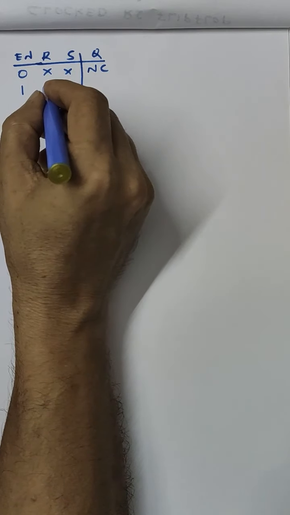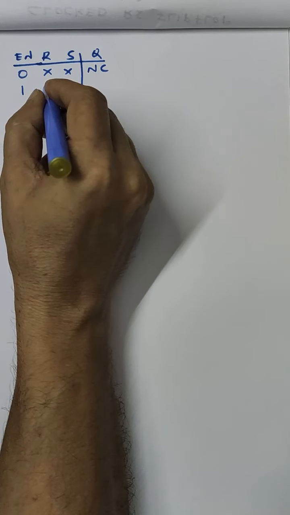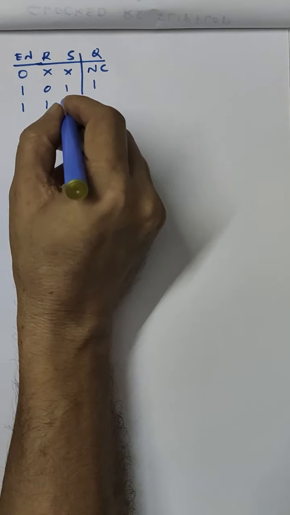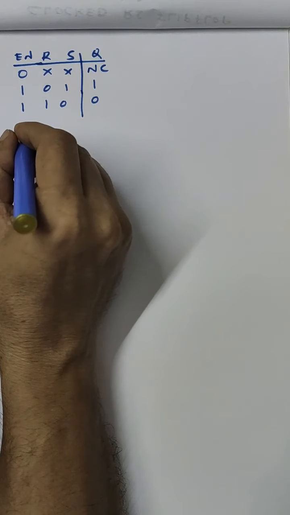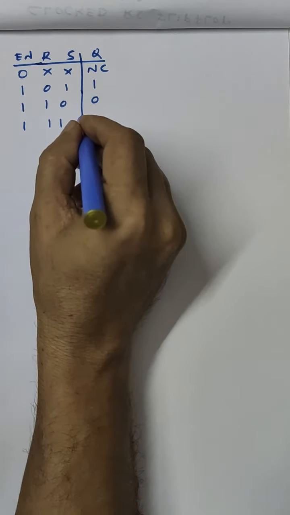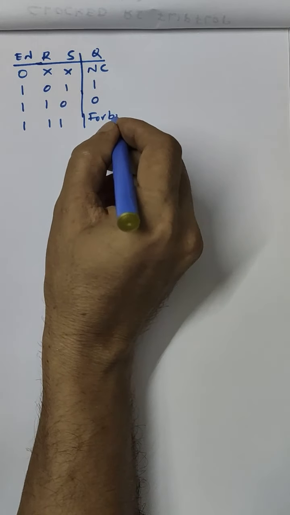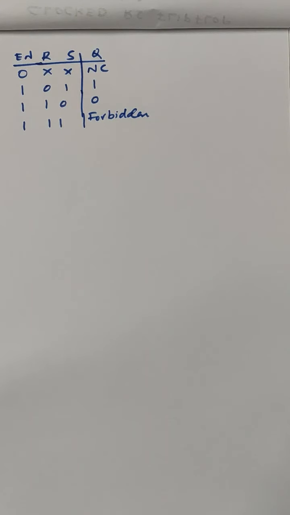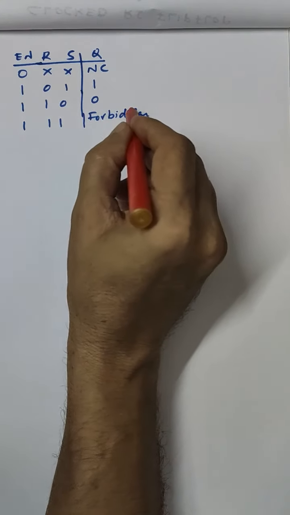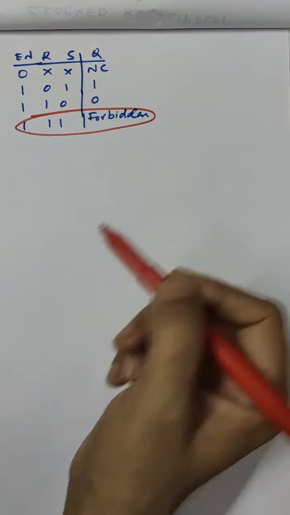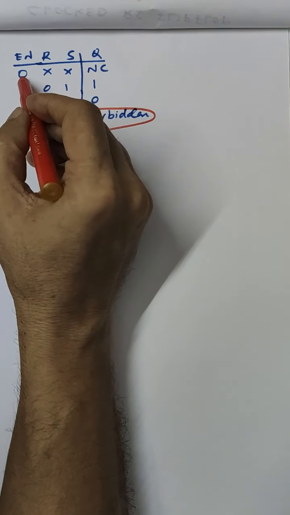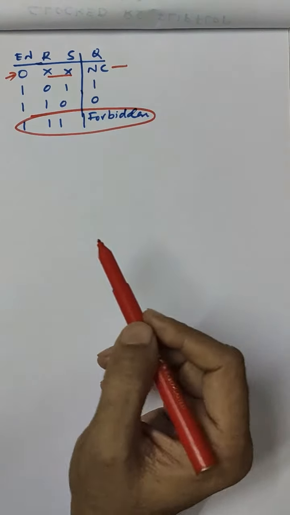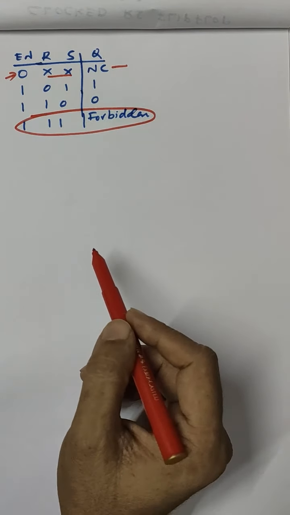When enable is equal to 1, 0, 1 represents the set state, 1, 0 represents the 0 state, and 1, 1 is forbidden. Now you can see that this forbidden state should be completely avoided. When enable is equal to 0, whatever the input, it preserves the previous state.